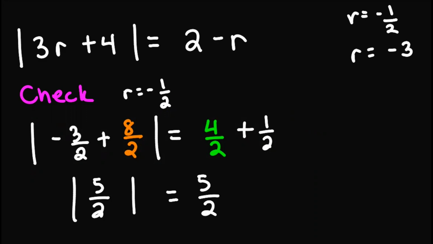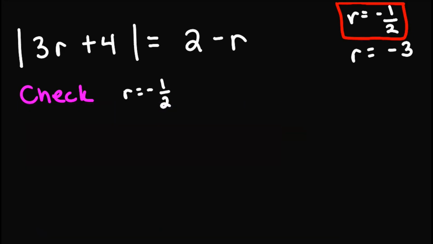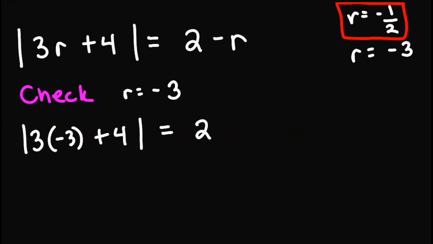So indeed, this equation holds. So this one is true. So we've got r equals negative 1/2 to be an actual solution. Let's check the second value of r. That is, we have r equals negative 3. If r is equal to negative 3, we've got the absolute value of 3 times negative 3 plus 4 is equal to 2 minus negative 3. On the left side, we've got 3 times negative 3 is negative 9, plus 4.